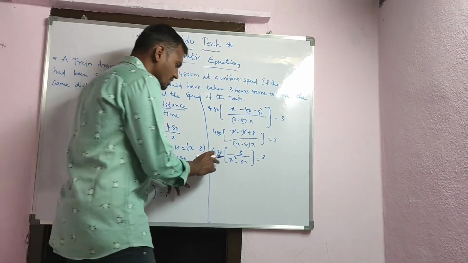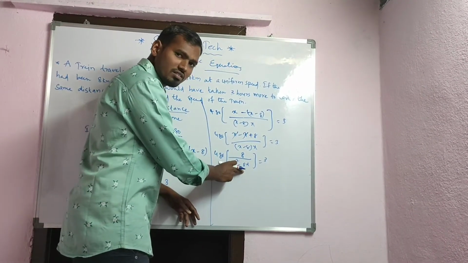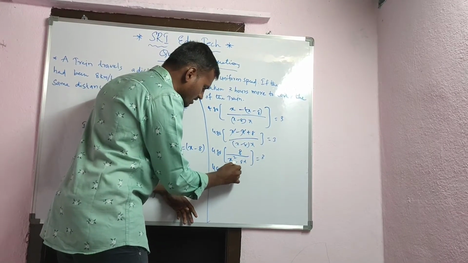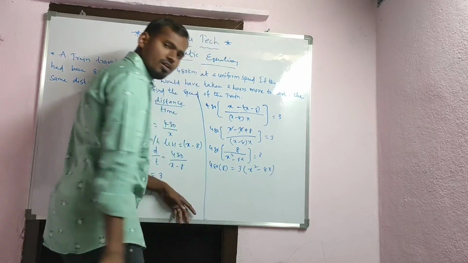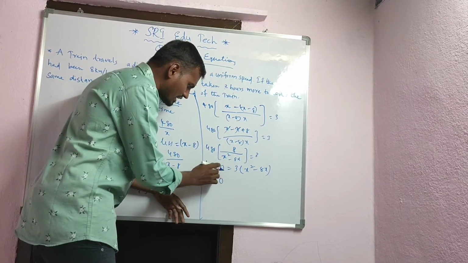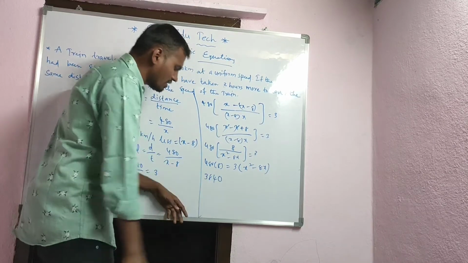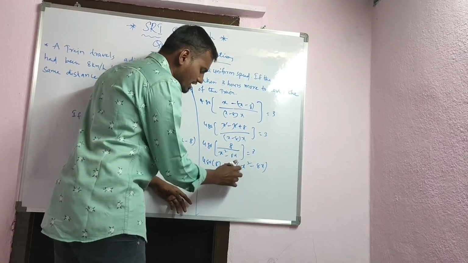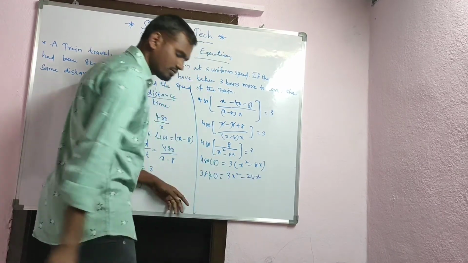Now these x square minus 8x, dividing, transfer to the RHS and it becomes multiply. Then 480 into 8 is equal to 3 into x square minus 8x. How much is 480 into 8? 8 times 8 is 64, 6 remaining, then 8 times 4 is 32 plus 6 is 38, so it is 3840, equal to 3x square minus 3 times 8 is 24x.